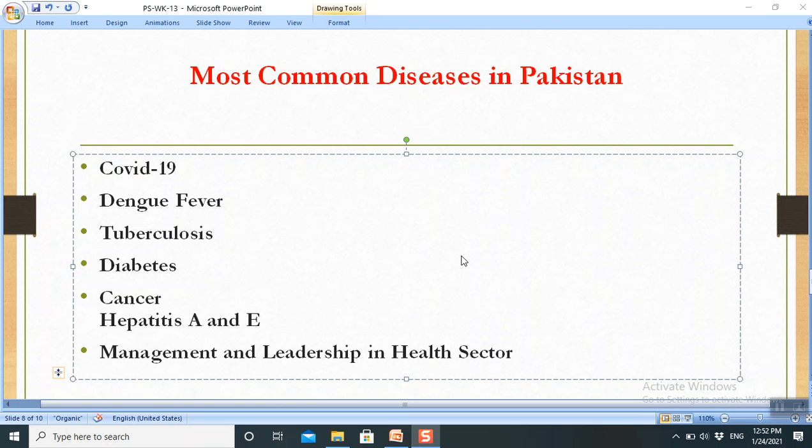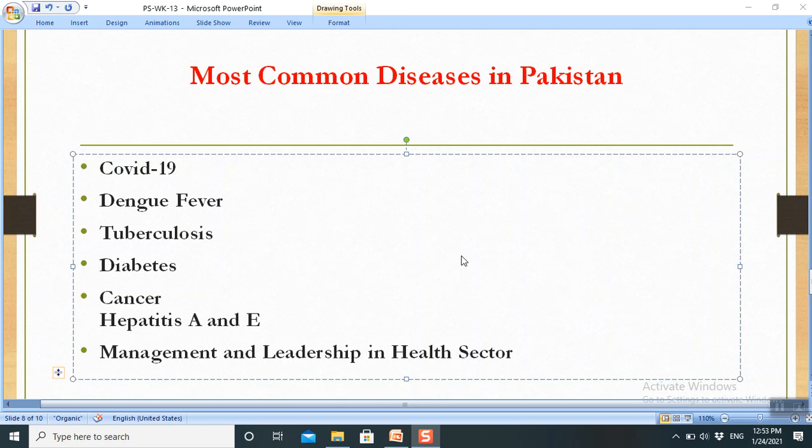Tuberculosis. It is an infectious disease. It affects the lungs and it spreads to other people by coughing and sneezing. According to the World Health Organization, two-thirds of the people in the world die because of this disease for lack of treatment.